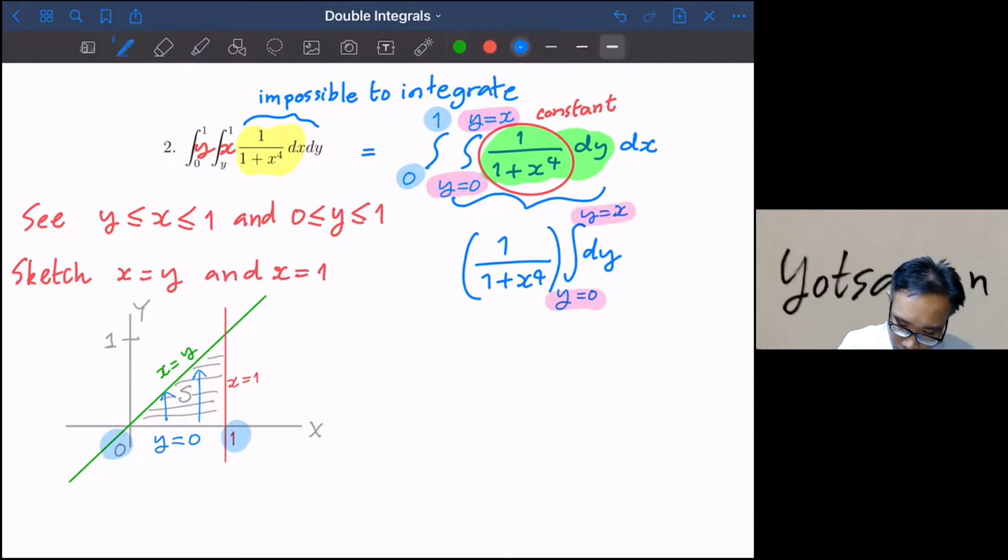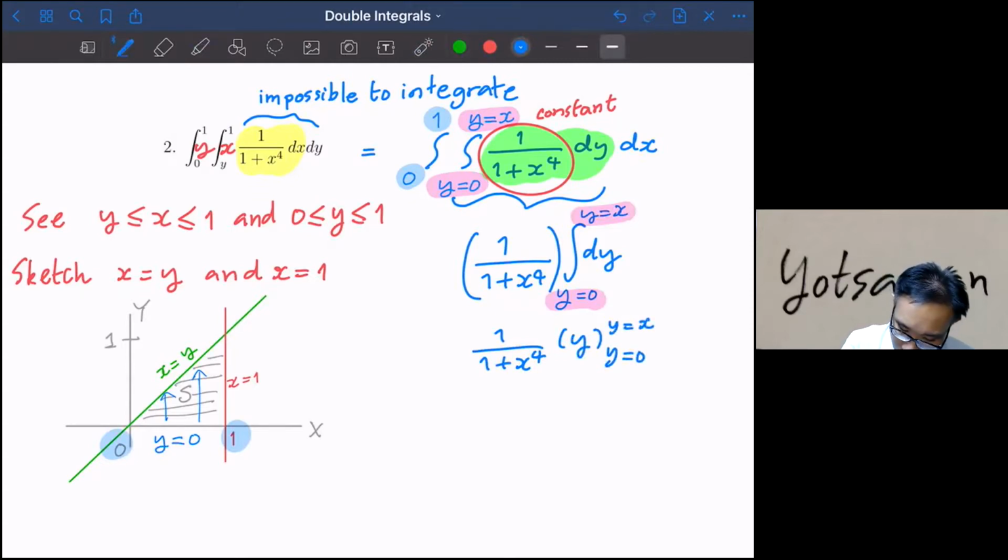So you're going to integrate this 1 plus x to the 4th. Okay, so you have 1 plus x to the 4th, and you integrate dy, so it's going to be y from y equal to 0 to y equal to x.